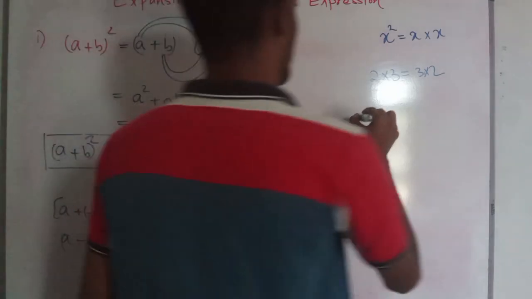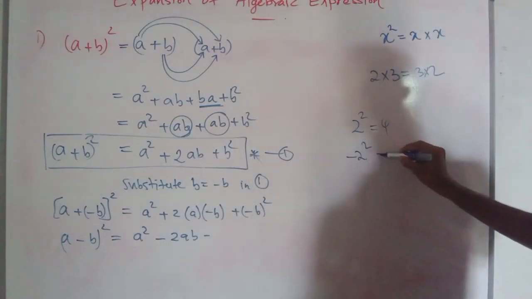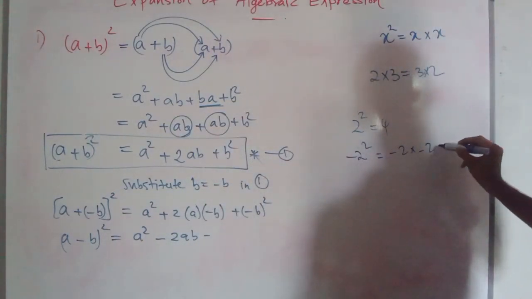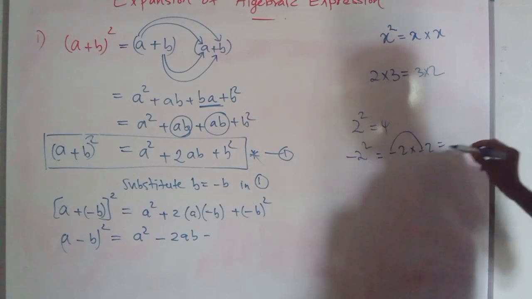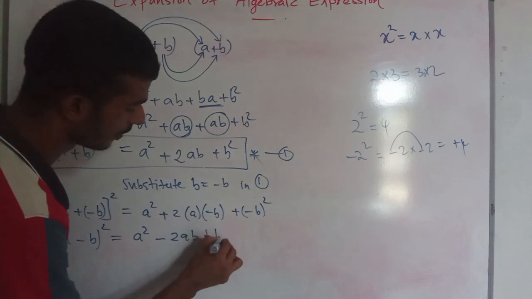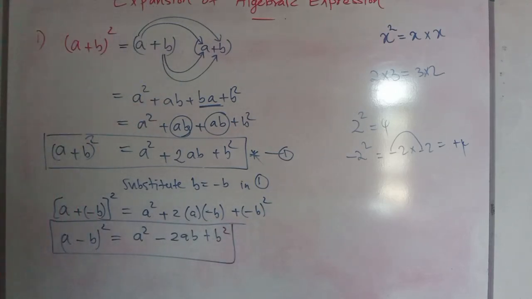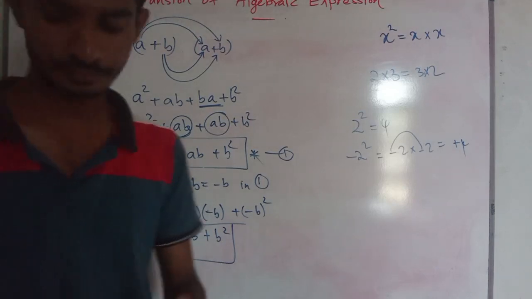Now you see 2 squared is equal to 4, and (minus 2) squared is equal to minus 2 into minus 2, which is this minus and this minus gives you plus 4, right? So plus b squared. So this is the expansion of (a minus b) squared, right?